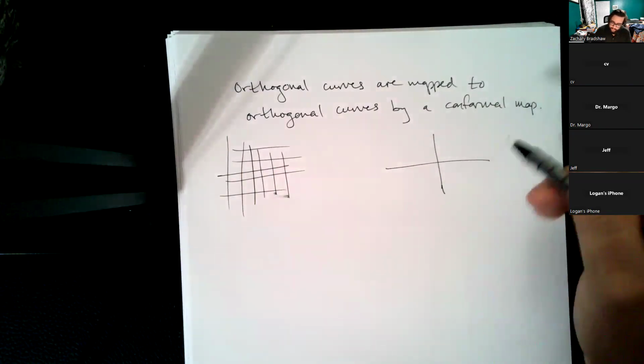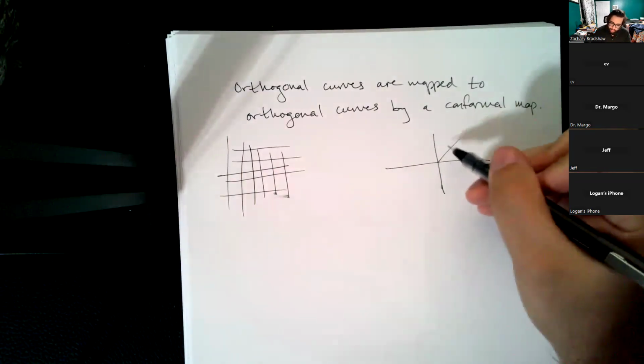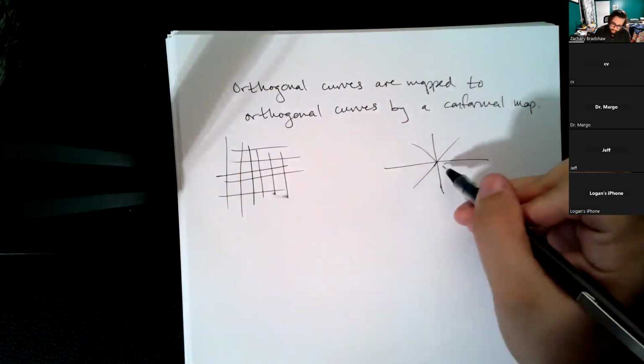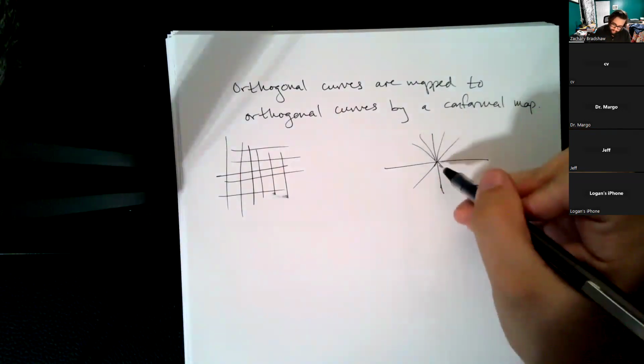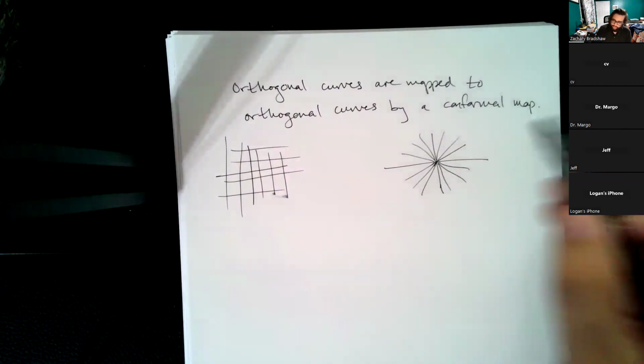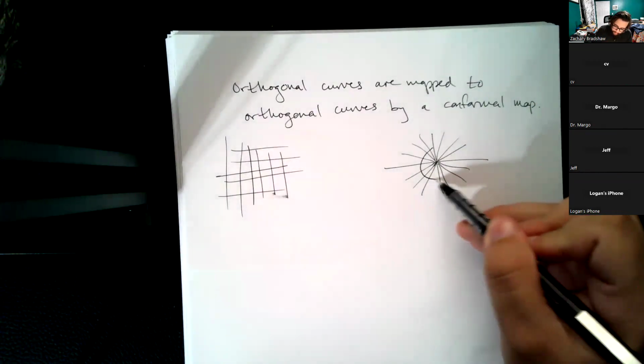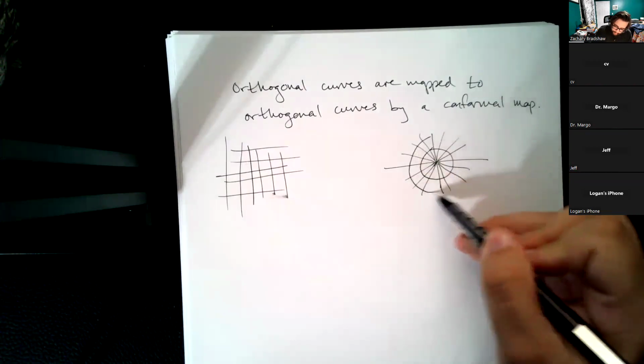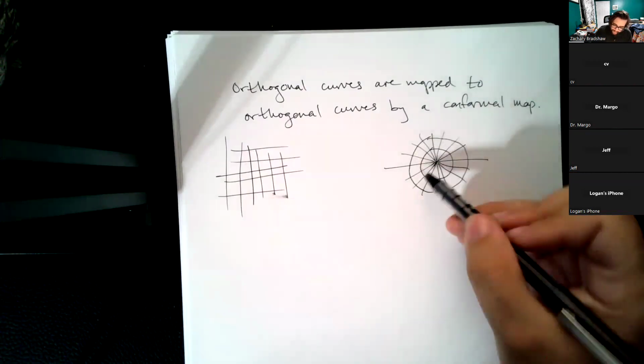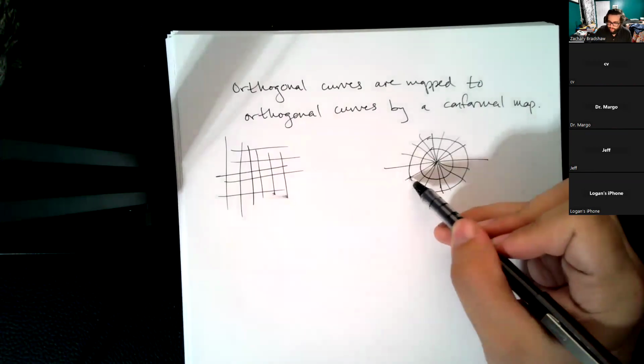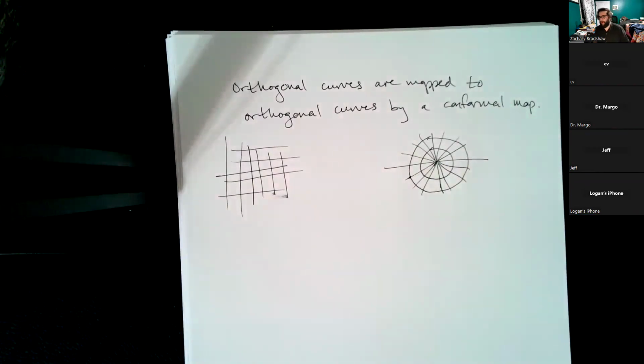We have these radial curves going outward, and we also have these angular curves, so these circles going around the origin. And these things are orthogonal to each other at all the points at which they intersect.